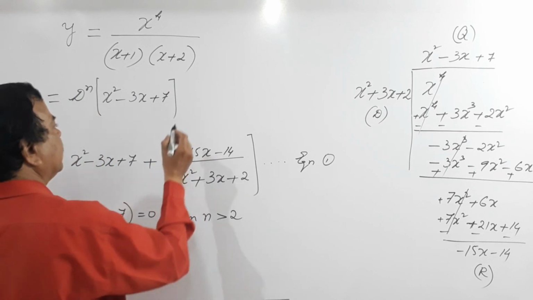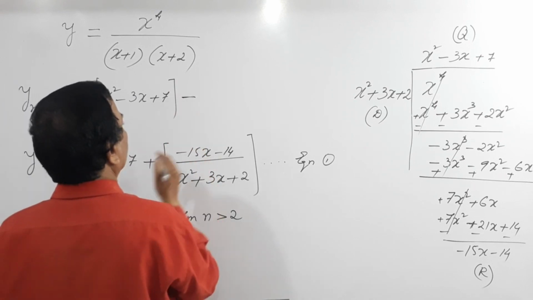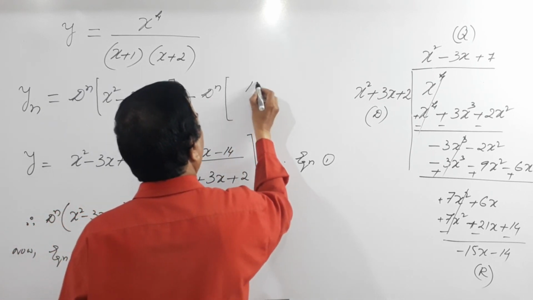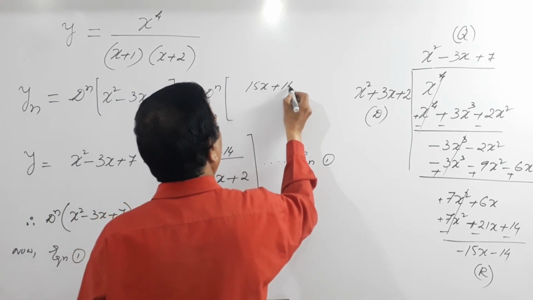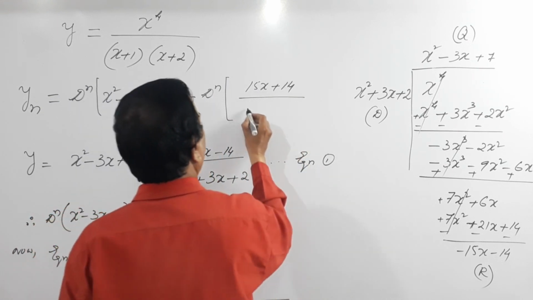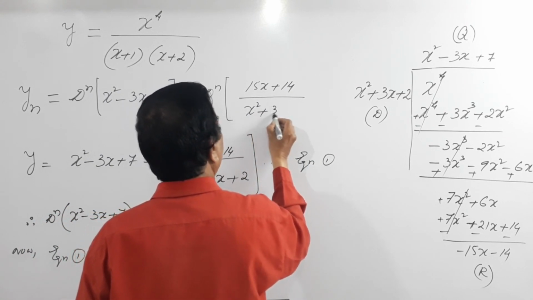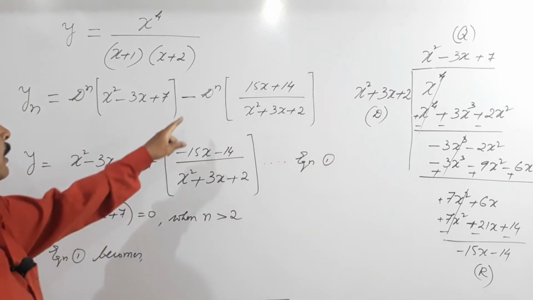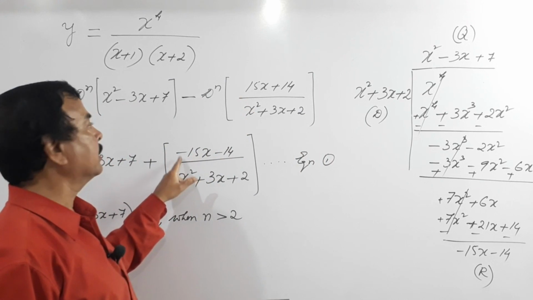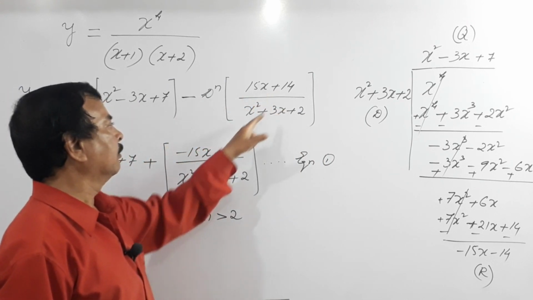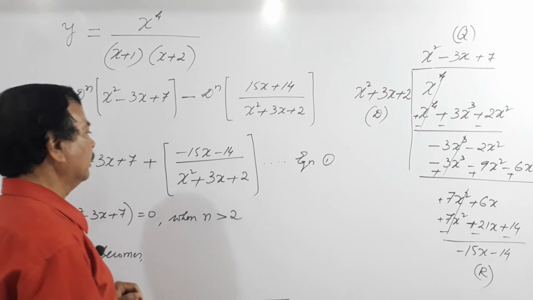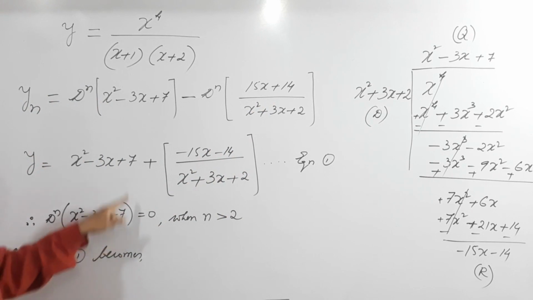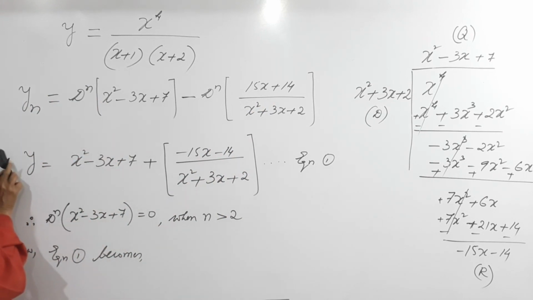So again what I'll do, instead I'll write like this, minus dn of 15x plus 14 by x square plus 3x plus 2, can I write like this? You multiply this, minus into plus, it becomes minus into plus minus 14. So remaining is as it is. I have proved differentiation of this is 0 already. So what happens here? I'll rub this now one step.